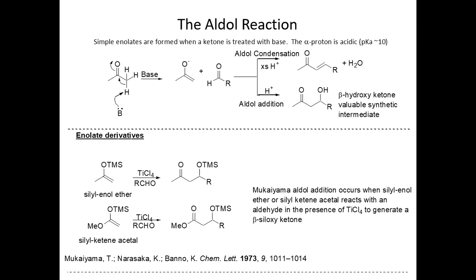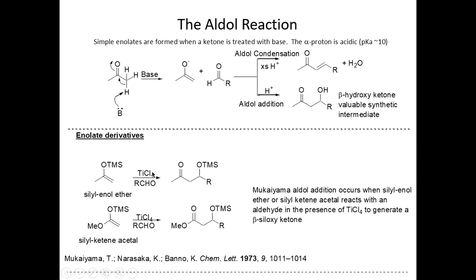But this reaction is one of the more famous aldol reactions known to organic chemists. It's also an extremely useful reaction because the scope is so broad that you could basically take any aldehyde and react it with one of these Mukaiyama enolates, and it works, right? It's a great reaction.